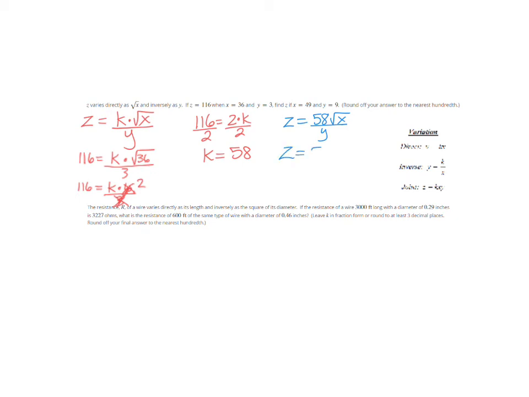So you're going to have 58, and I would just type it in my calculator, 58 times 7 divided by 9. Z ends up being 45.11.